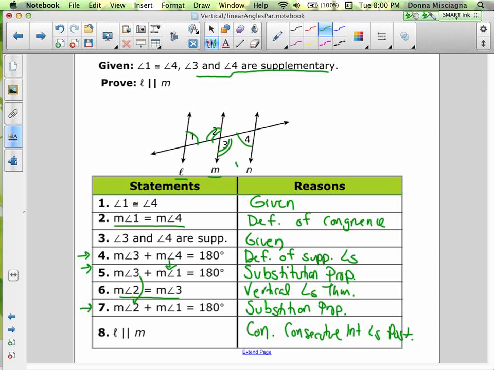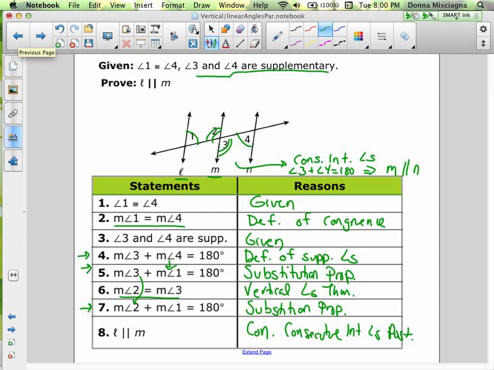So here we're given information about angle 3 and angle 4 supplementary. Those are consecutive interior angles. Right? So because angle 3 plus angle 4 equals 180, that means that line M had to be parallel to line N. Right? So we knew some things about those two lines.